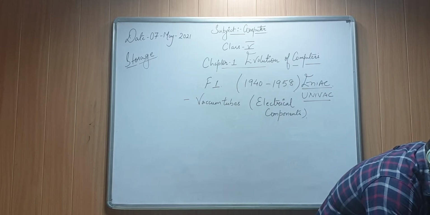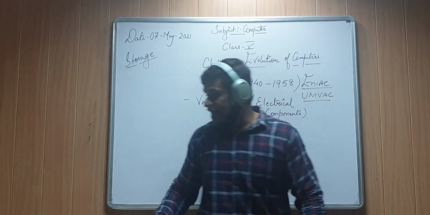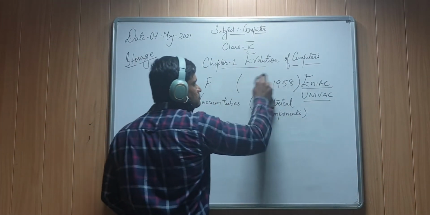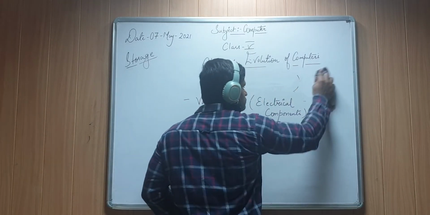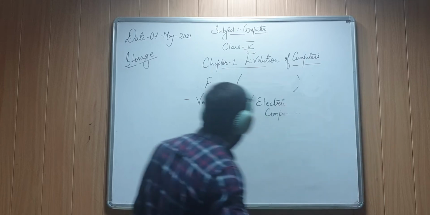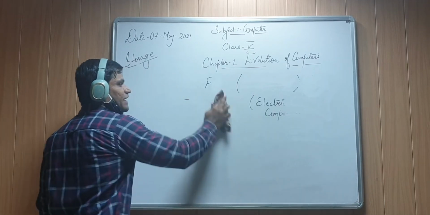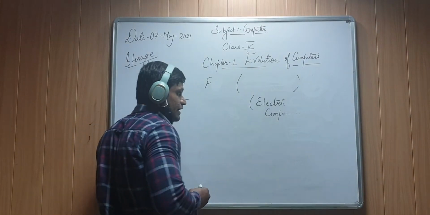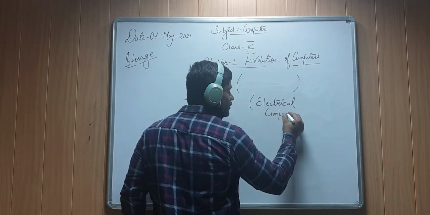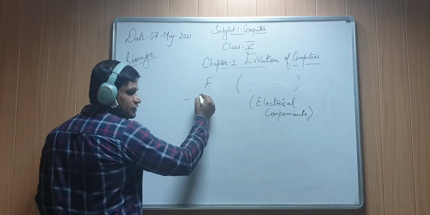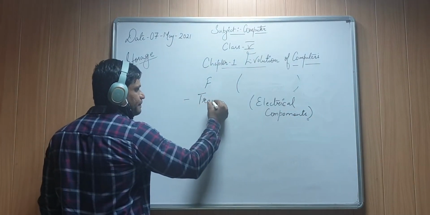Now let's discuss the second generation computer. Now in the second generation computer, that is F2, what had they done? They replaced vacuum tubes. Electrical component, vacuum tubes को उन्होंने हटाया, and in place of vacuum tubes they used transistors.